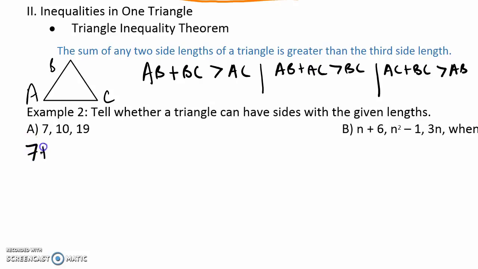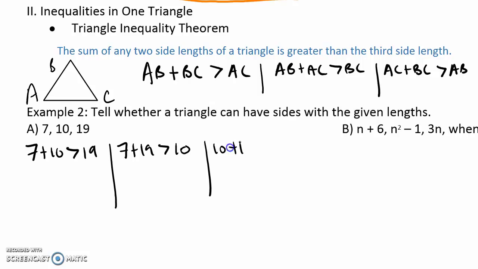Okay, so set up your inequalities. So I know 7 plus 10 has got to be greater than 19. 7 plus 19 has got to be greater than 10. And finally, 10 plus 19 needs to be greater than 7. And remember, the moment one of these doesn't work, so for example here, you guys can probably already see this, 17 is greater than 19. No, not true.